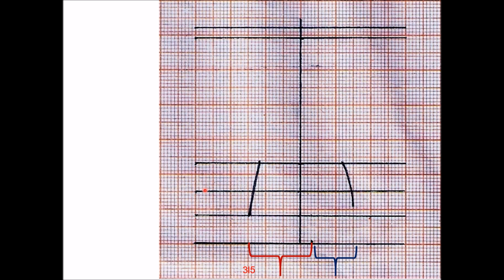As you can see here, the width of the mesiolingual cusp is different from the distolingual cusp. The total mesiodistal width of the crown is 30 millimeters. 3/5 of this measurement goes for the mesiolingual cusp, which is 18 millimeters, and 2/5 goes for the distolingual cusp, which is 12 millimeters.